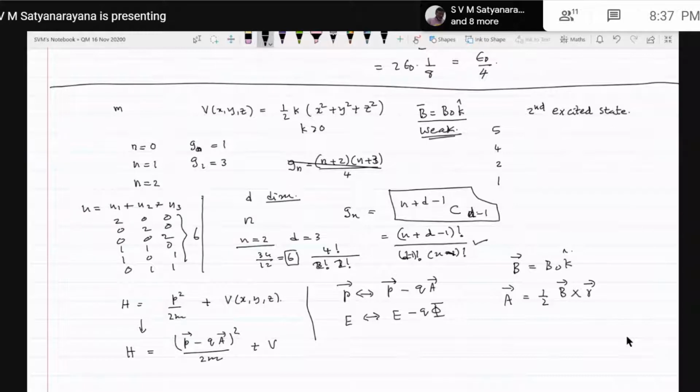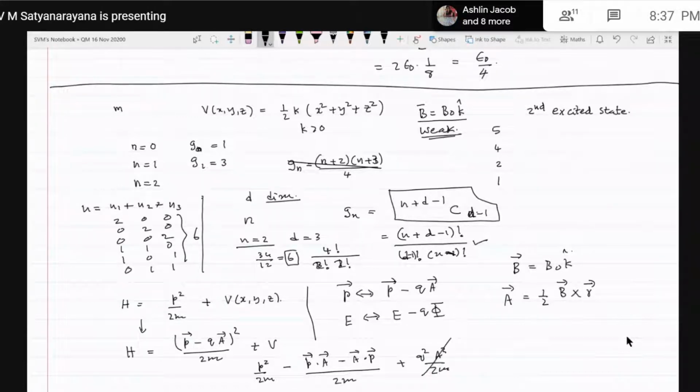That means when you expand this, you get p square by 2m minus p dot A minus A dot p by 2m, plus q square A square by 2m.